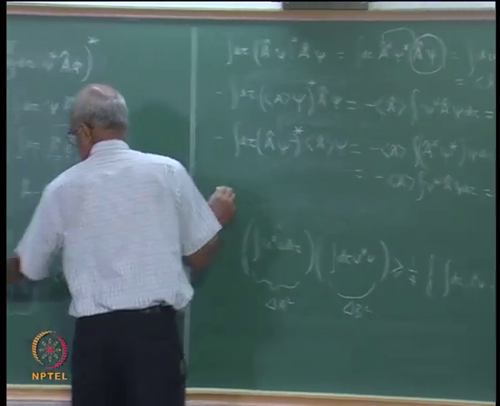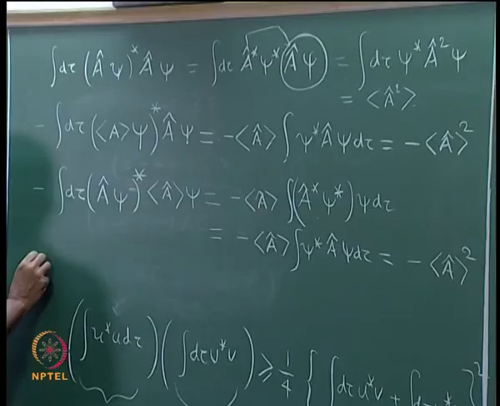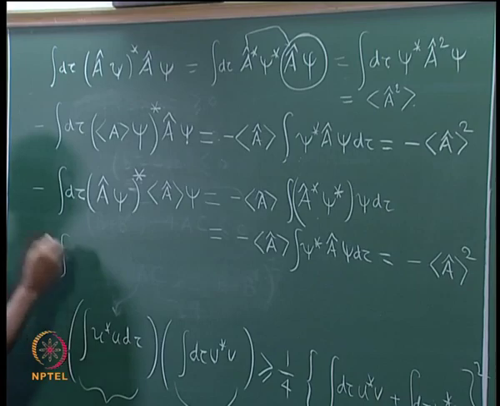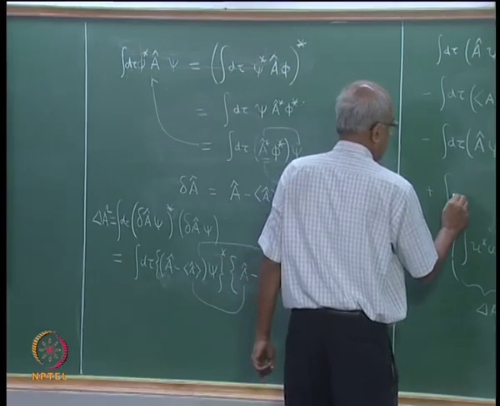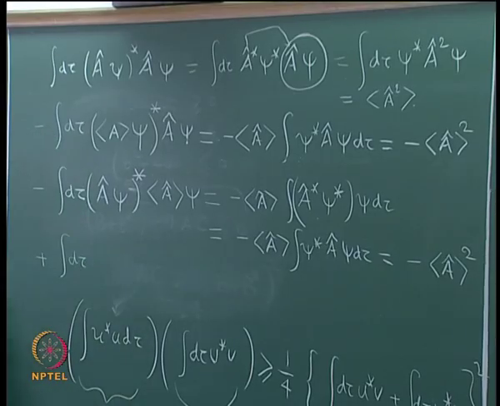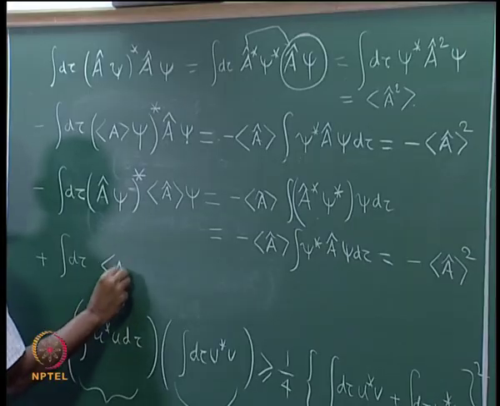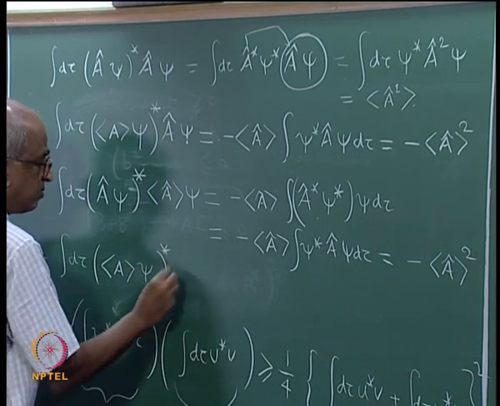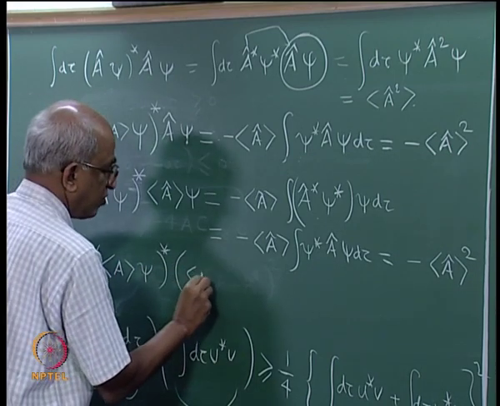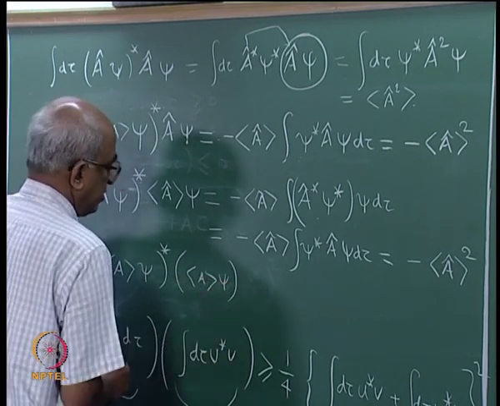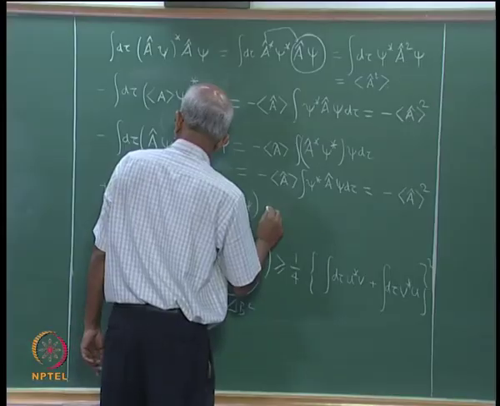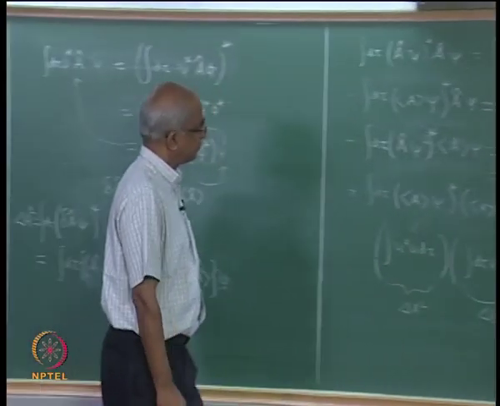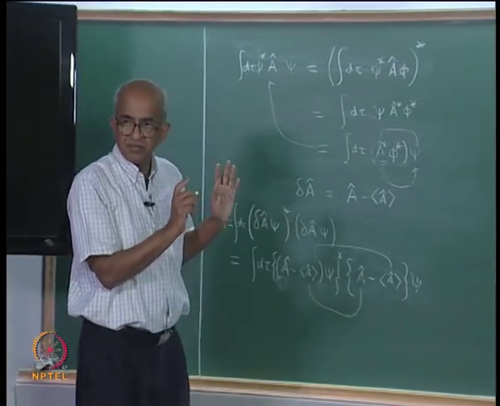It's because you have the product of two negative signs, it is actually plus. So, what will happen is I will have d tau A psi star multiplied by expectation value of A into psi, yeah, that is it. That is the last term.